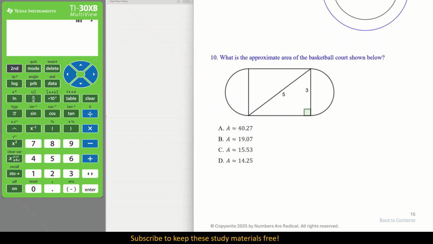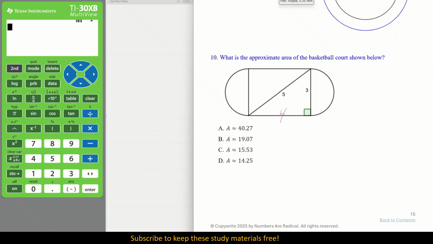What is the approximate area of the basketball court shown below? Okay, I can already see some properties going on here. First, we have a diagonal, and that's a hypotenuse of a right triangle, which tells me we have a 3, 4, 5 right triangle.